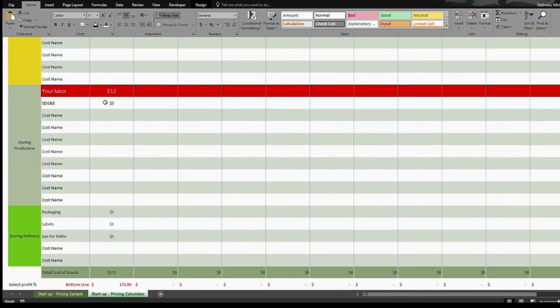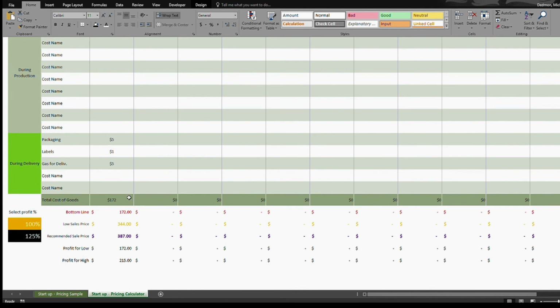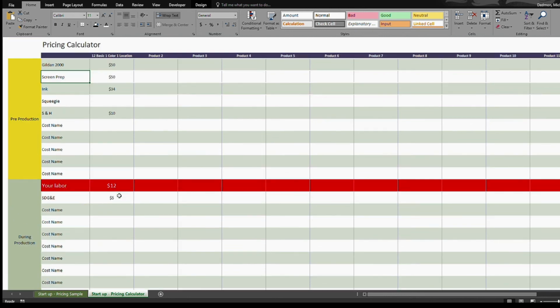As you grow, you'll see as a business owner that the cost of goods is going to go down substantially. That's the reason why big companies like Walmart are able to make a lot more money in their profit margins, because they're purchasing a lot more. So let's just say for Gildan 2000, in the first couple months you only sell 2 or 3 of this product. You only have 2 or 3 customers.